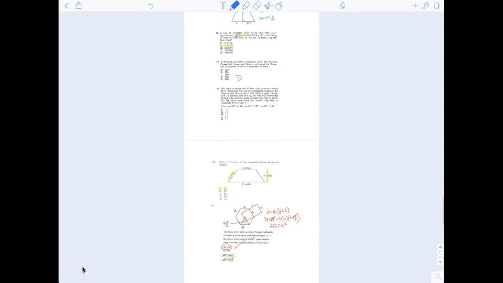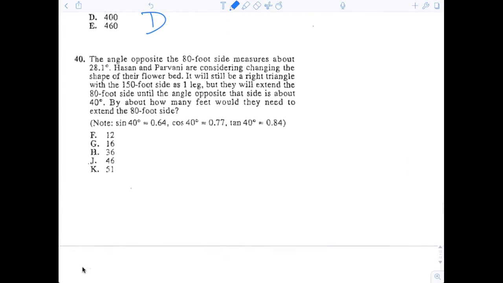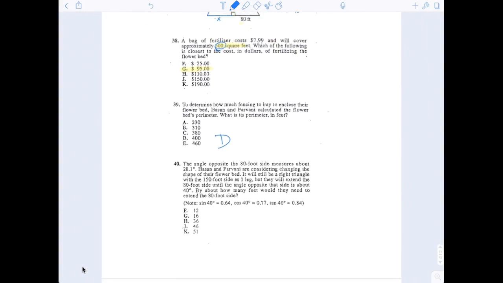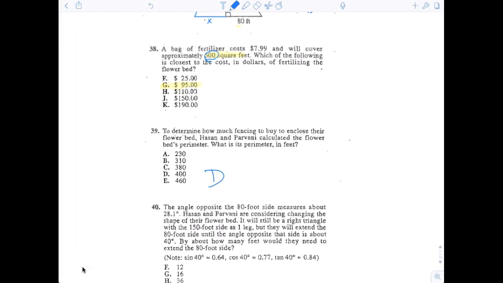Hold on a minute. Now I can't read that right. The angle opposite the 80. It will still be a right triangle with a 150-foot side as one leg.